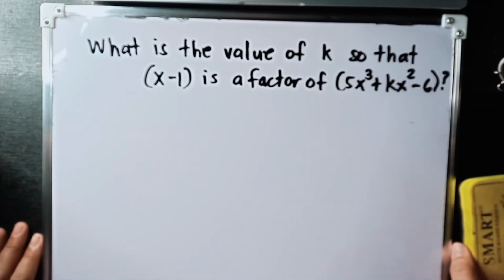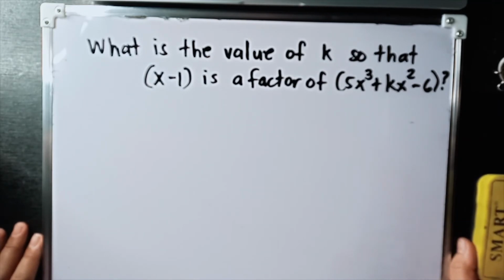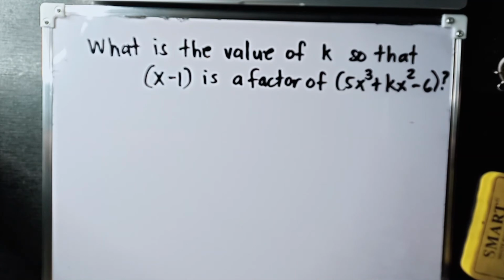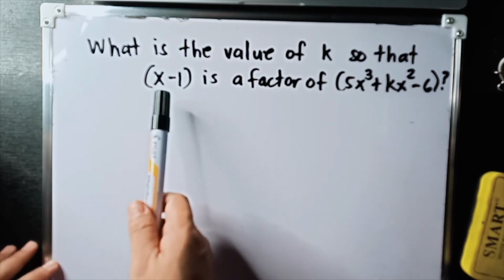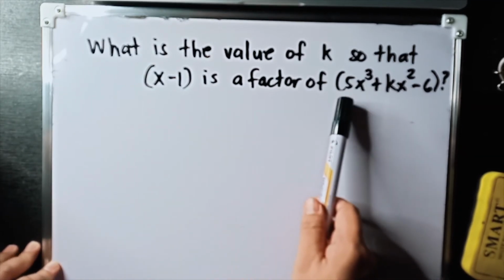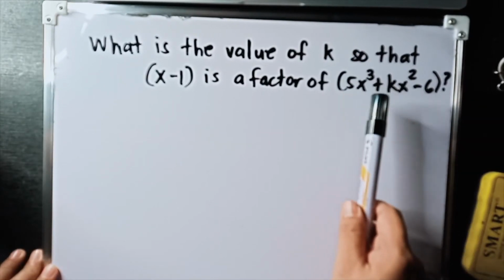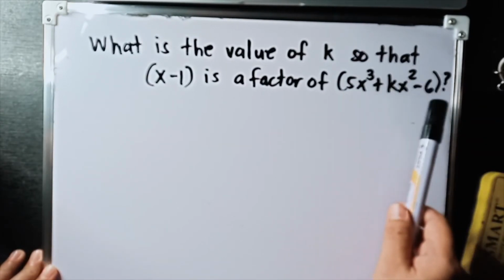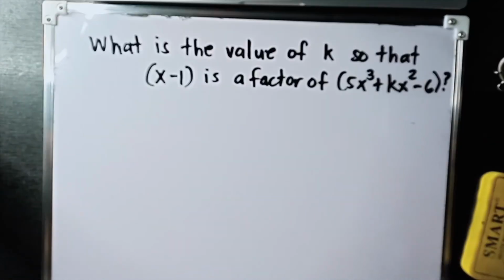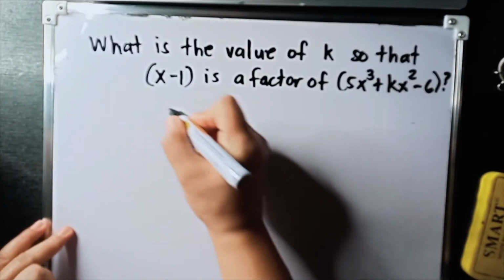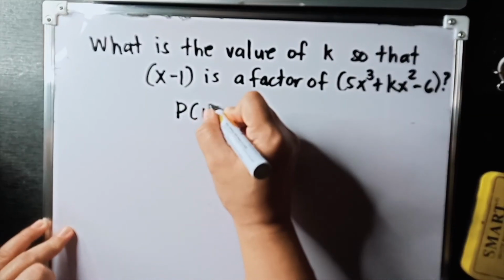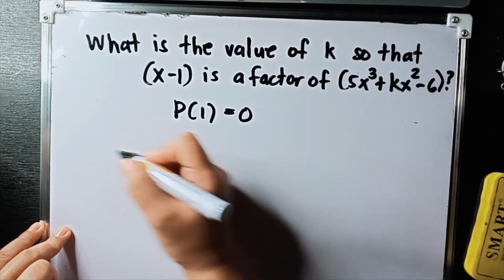What is the value of k so that x minus 1 is a factor of 5x cubed plus kx squared minus 6? So if x minus 1 is a factor of the polynomial 5x cubed plus kx squared minus 6, we know from the factor theorem that p of 1 is equal to 0.